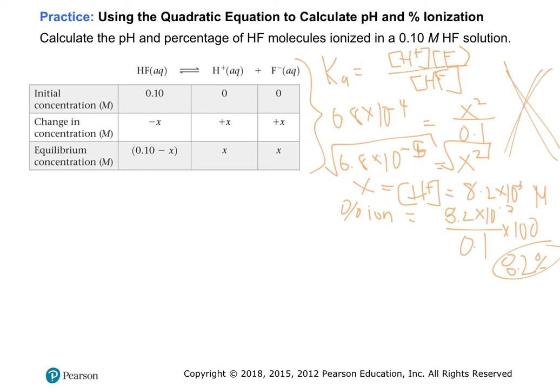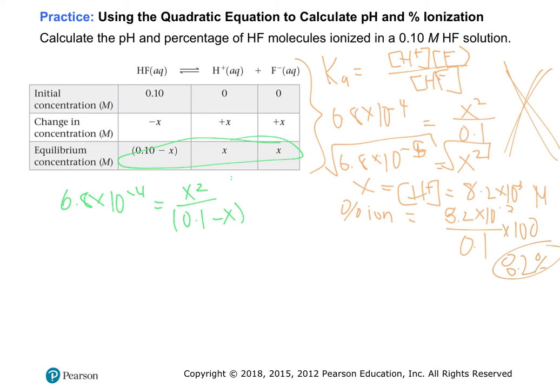So switch colors, and we're going to have to do the old-fashioned quadratic formula. So we're going to now set up 6.8 times 10 to the negative 4 equals x squared divided by 0.1 minus x. So we're going to actually use that situation.